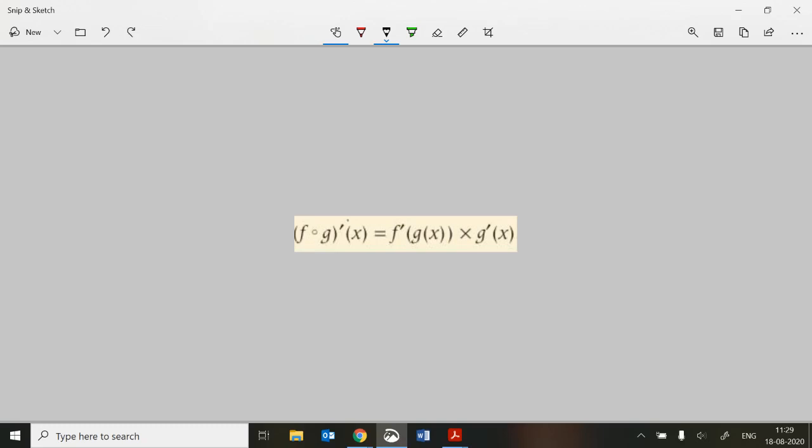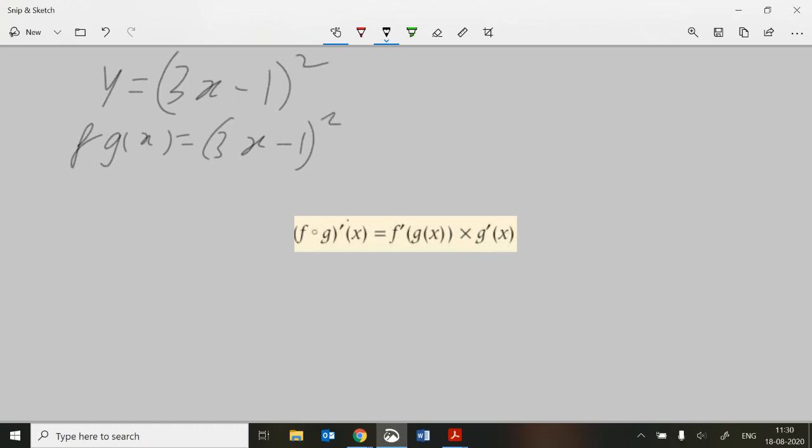Let's try that with our function which we had before. So we've got 3x minus 1 squared. Let's figure out what we've got here. That's now our f of g of x, our main function. Sometimes they put an O there. So we've got 3x minus 1 squared.